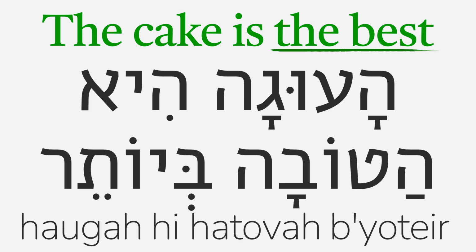Hatova biyoter means the best, which is a superlative, the most good, made with a ha, an adjective, and biyoter. Ha'uga hi hatova biyoter. The cake is the best.